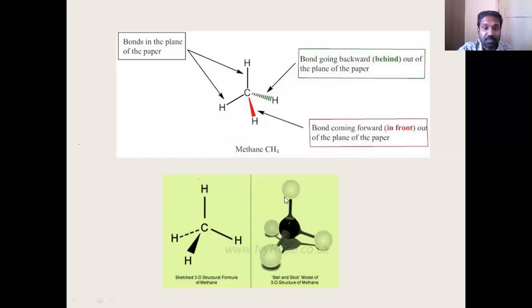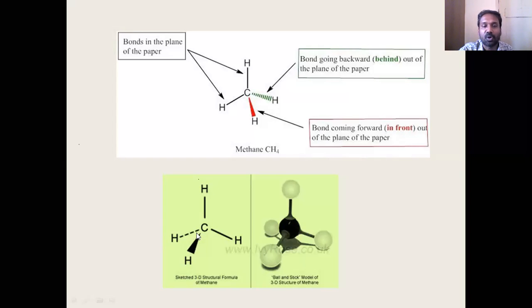Okay, so the top hydrogen is on the plane, and this hydrogen is also on the plane. The hydrogen towards you is represented by a solid wedge. The hydrogen away from you is represented by a dashed wedge or a dashed line. See, it's a dashed line here, not a dashed wedge. A dashed line is used many times more than a dashed wedge.